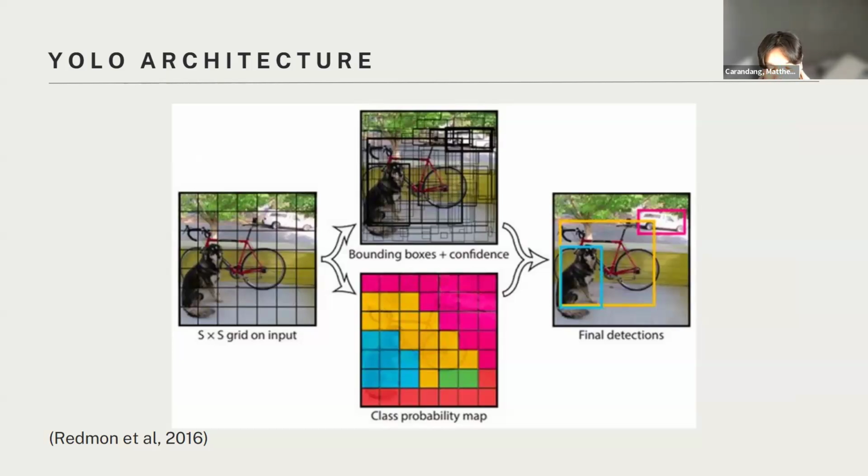When you put all those raw predictions together, you get a messy image, which is the top middle. But then it gets filtered by non-max suppression, which we'll get into later. It combines both the class probability map and the bounding boxes and confidence to make its final detections.